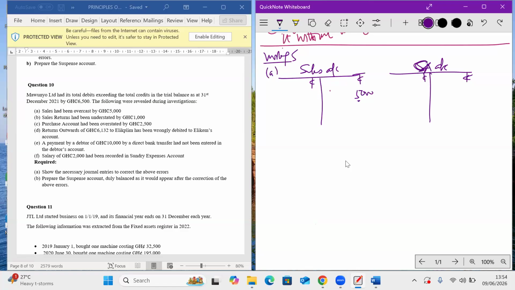So let's assume the transaction was a sale to a customer A. If they've made it 45,000, but actually they sold 40,000 to customer A, so in the sales account we have 45,000. To which account is this 45,000 going?